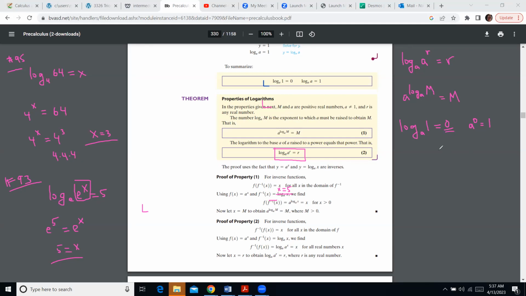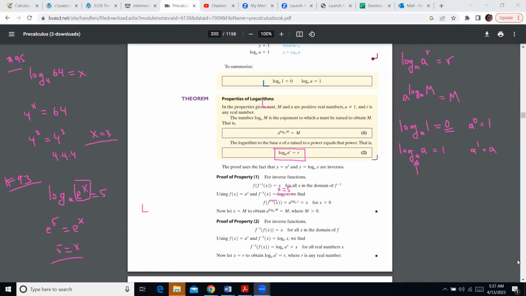Let me try one more property next to it. It's logarithm base A of letter A. And they say it's 1, simply because if I take base number A here and raise it to the power of 1, which is my logarithm, nothing's going to happen. It's just going to be the same letter A.